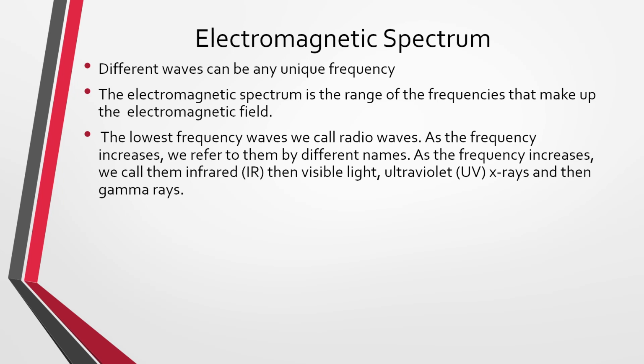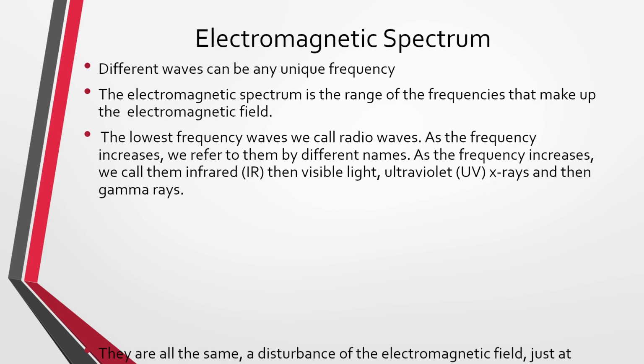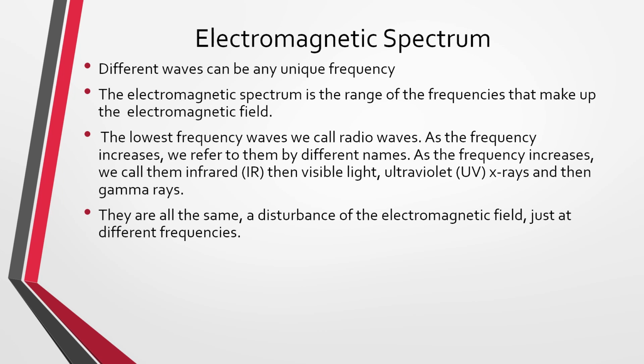And remember, as the frequency increases, the wavelength is decreasing and the energy is increasing. These are all the same waves. They're just a disturbance of the electromagnetic field, just at different frequencies.